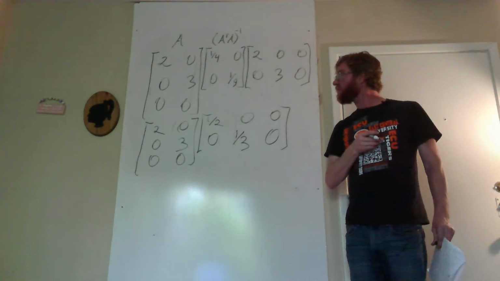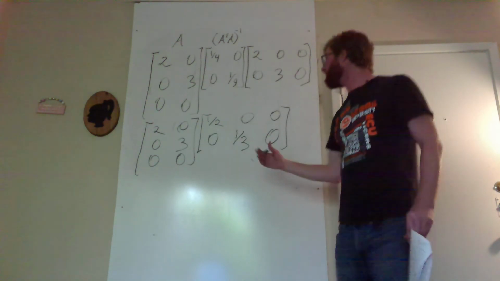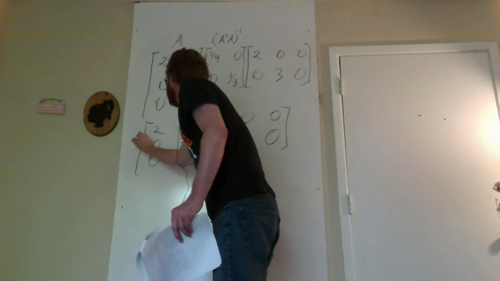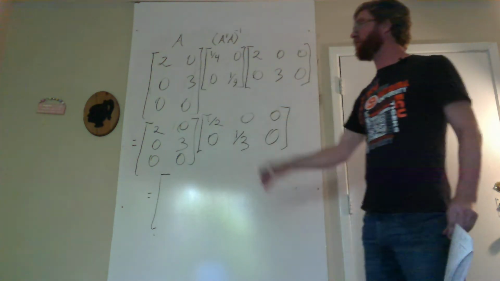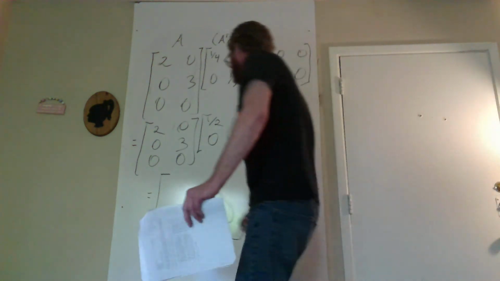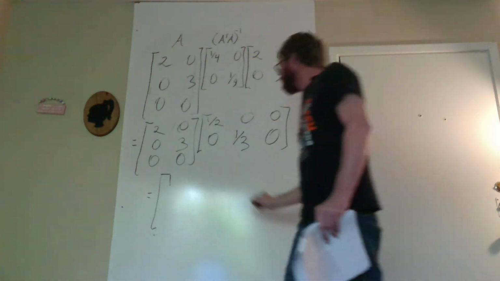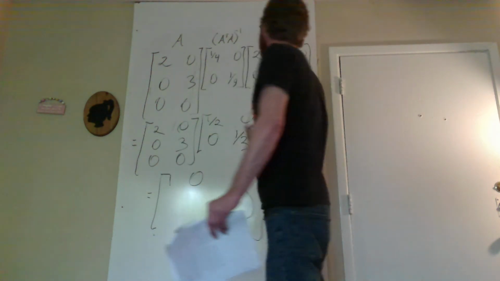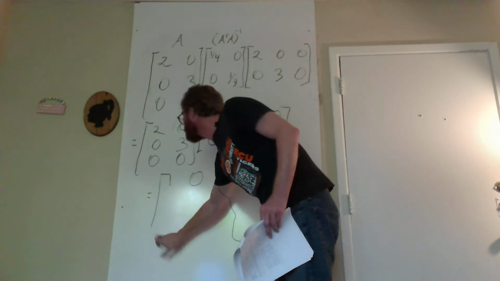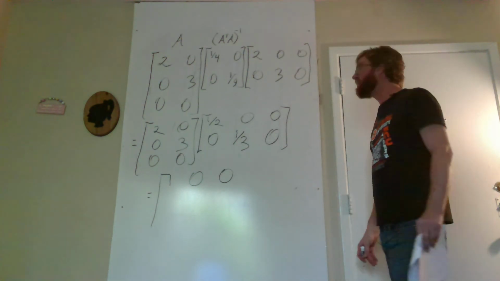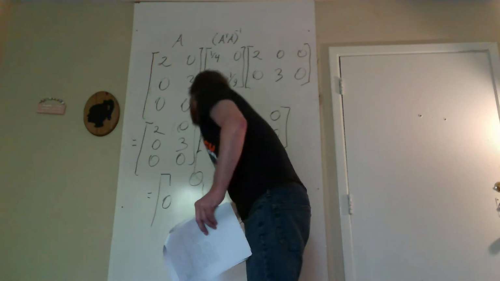Now we're going to have A act upon all of this. So 2, 0 acting upon 1/2, 0 gives 1. Then 2, 0 on 0, 1/3 is just going to give us a 0, and 2, 0 acting upon the last one is also 0. Now 0, 3 acting upon 1/2, 0 is going to be a 0.